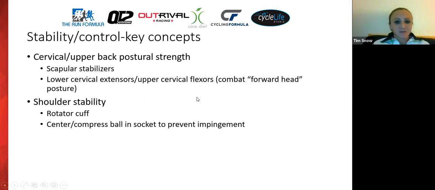And then in terms of our shoulder stability, we're concerned about our rotator cuff. The shoulder itself is a ball and socket joint, but the socket is pretty shallow. It doesn't have a lot of inherent stability to it. So it relies a lot on more active stabilizers, including the rotator cuff, which helps to center and compress the ball of the shoulder into the socket.